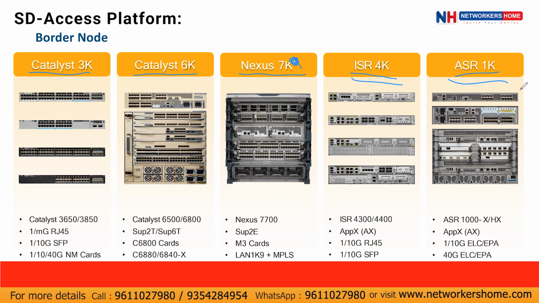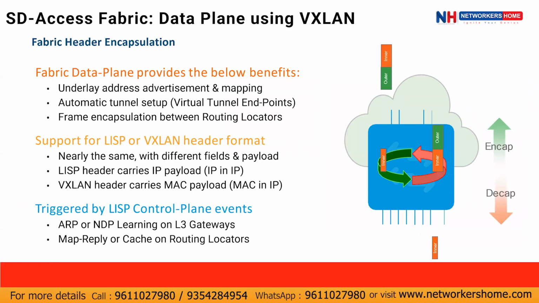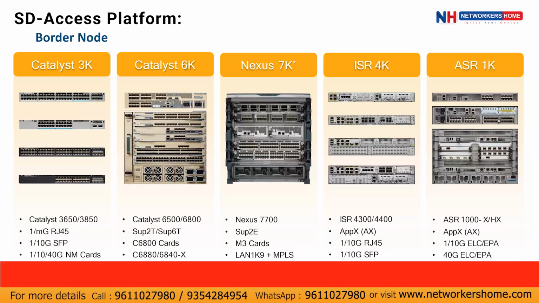If you go to Cisco's website, you can read more about these specific devices in detail, which are the new ones and which are the old, existing ones. I'm sorry, I went directly to the last slide.